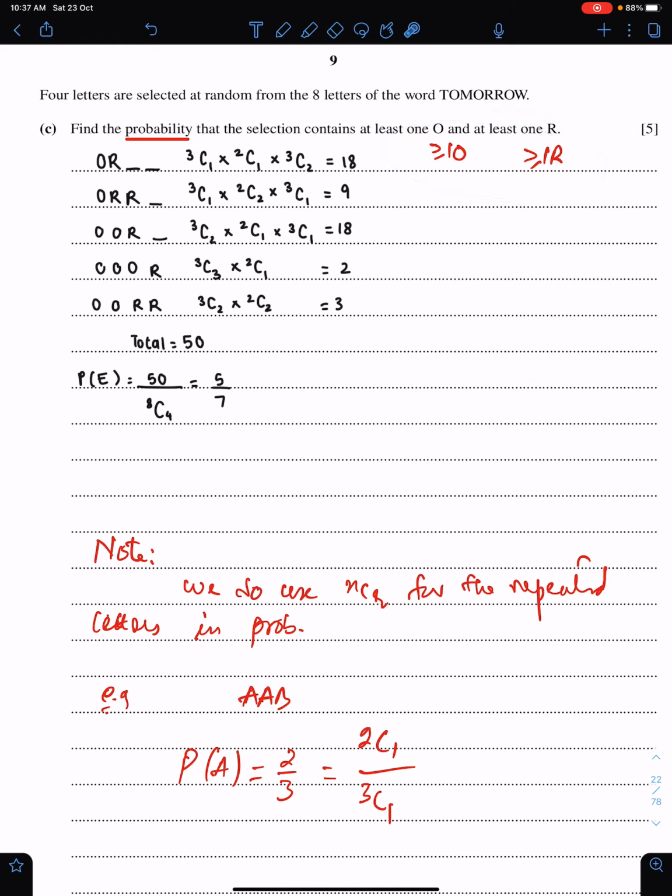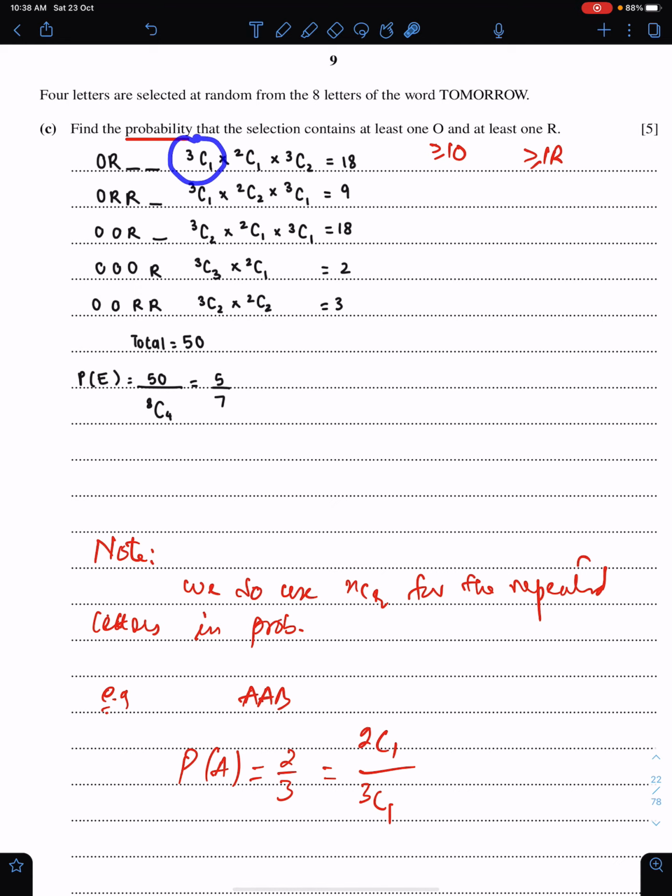So we have to select 4 letters which must contain at least one O and one R. So 1 O, 1 R. Altogether we have 3 O's. So for 1 O we have to write 3C1. This is here, 3C1. For 1 R from 2 we have to write 2C1.